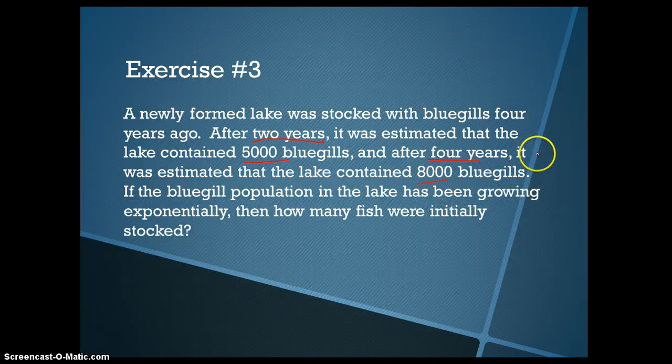So now we just have 2 points on our graph: a t value of 4 and 8,000, and then a t value of 2 and a value of 5,000 for y, our dependent variable, correct?